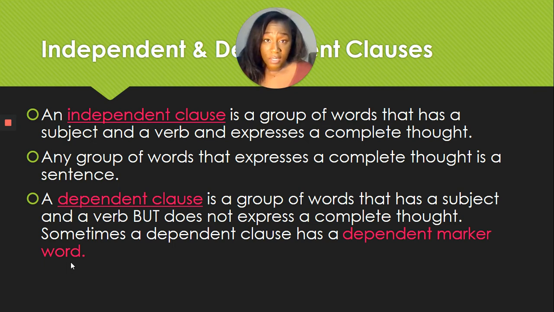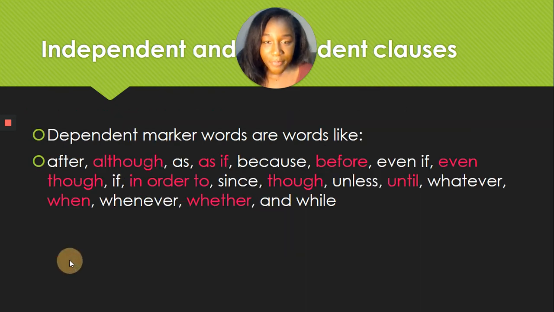The great news is dependent clauses have these words that really highlight them as being dependent clauses. It's kind of like a red alert that you'll see when a clause is dependent because it's trying to alert you that something's not quite right here. So let's talk about those marker words that highlight that a dependent clause is present.